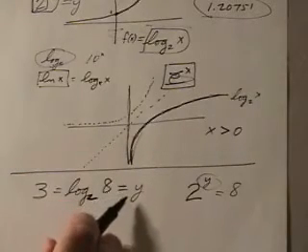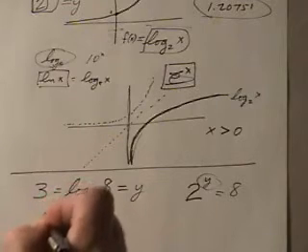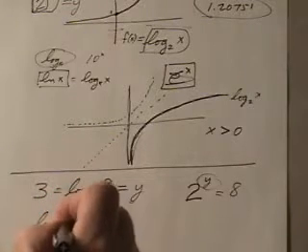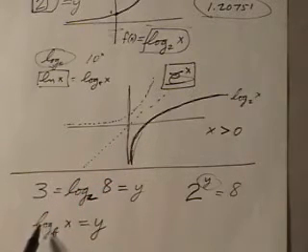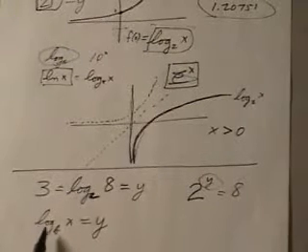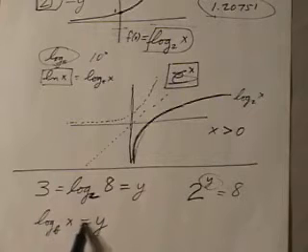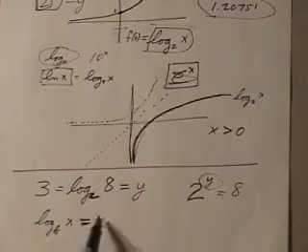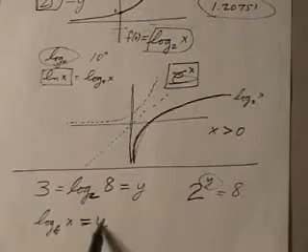And this gives us a definition of what log base b of x means. Log base b of x equals y, let's say. This is a sentence that we could read in English as saying the exponent, where the base is b, is y.